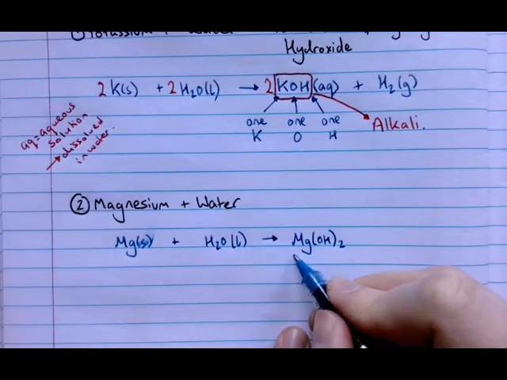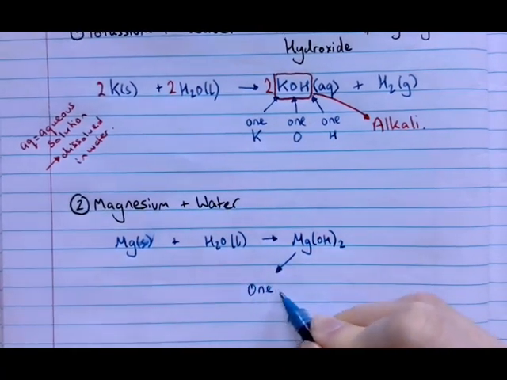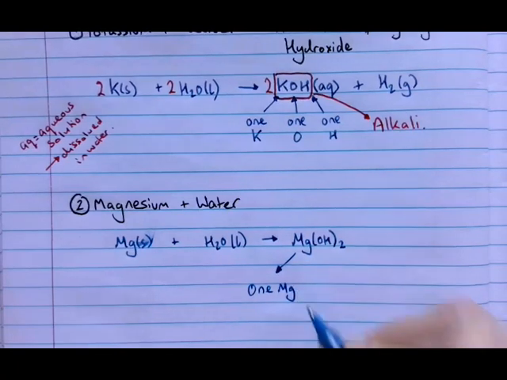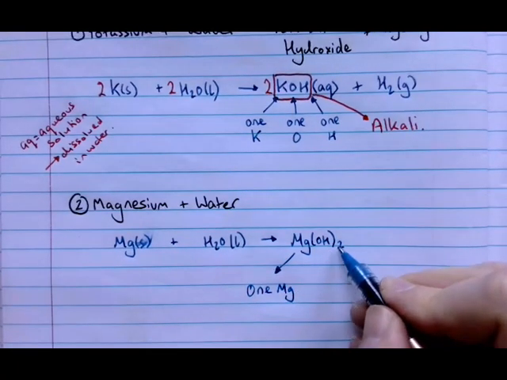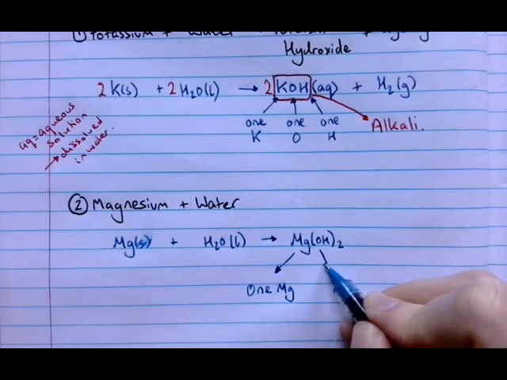Well, what that means is I've got 1 Mg, and then in here, everything in the brackets there's 2 of.